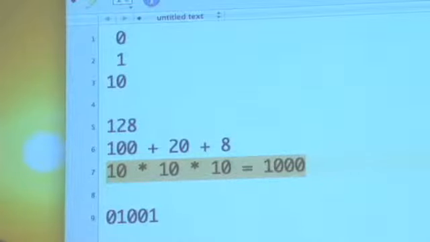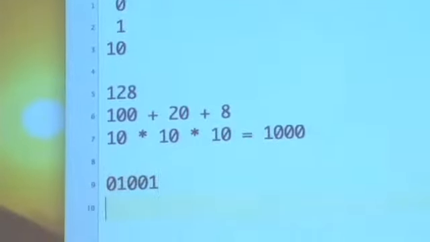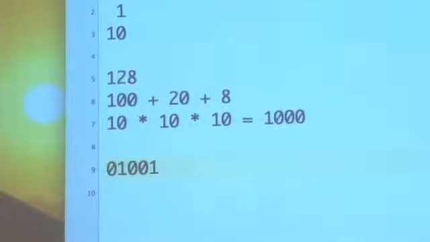In binary, when I have 8 digits, it's 2 times 2 times 2 times 2 times 2 times 2 times 2 times 2. That's 2 to the 8th power, which is 256 unique numbers that can be counted with 1 byte.